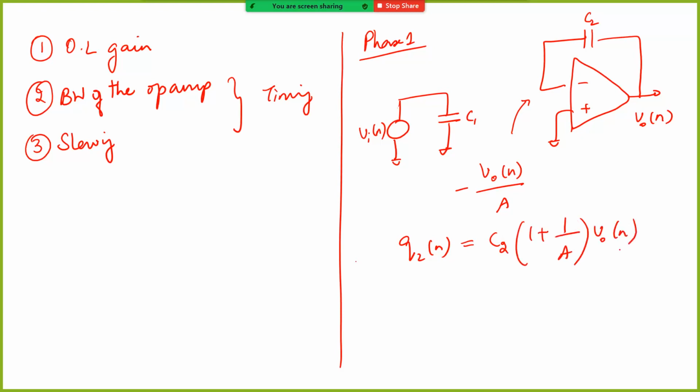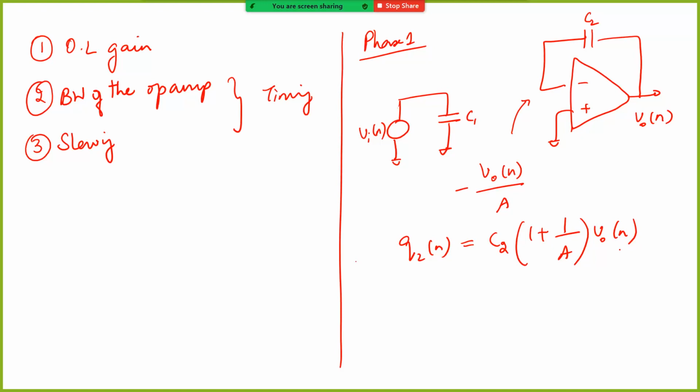All right. So this factor of 1 plus 1 by A, or A plus 1 by A, we have pretty often seen, right? Even when we talked about the switched capacitor circuits earlier in our discussion, we looked at the effect of a finite open loop gain.